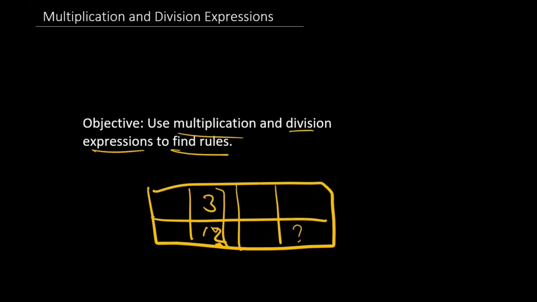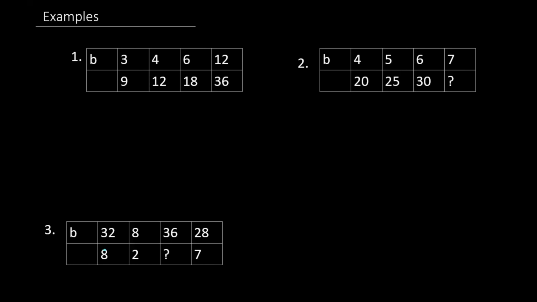So let's get started. Our first example is right here. We have to figure out if this is a multiplication expression or a division expression. We can do that by checking whether the top number is greater than or less than the bottom number. In this case, 3 is less than 9, which means it's a multiplication expression.